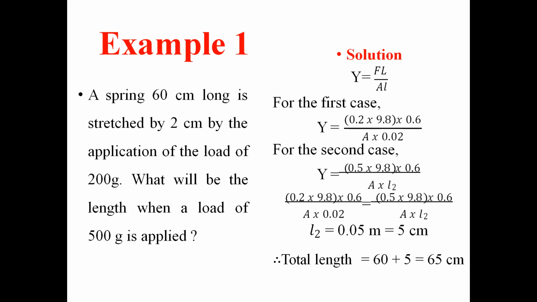L2 equal to 0.05 meters. L2 converts into centimeters, 5 centimeters. Total length 60 plus 5, that equals 65 centimeters.